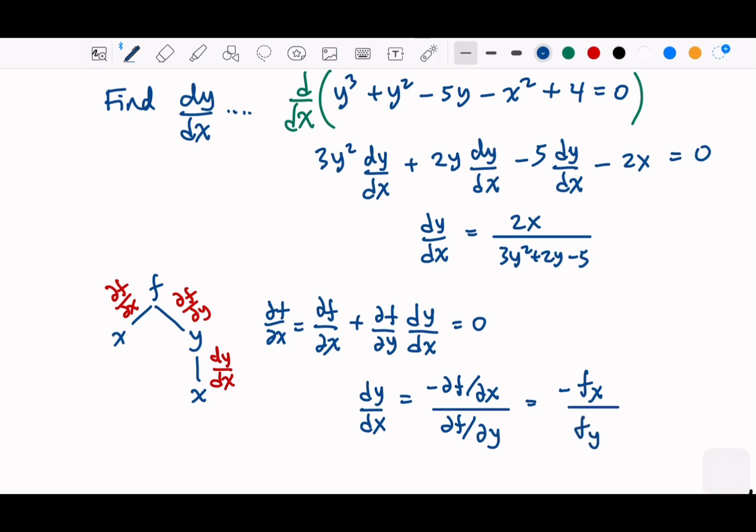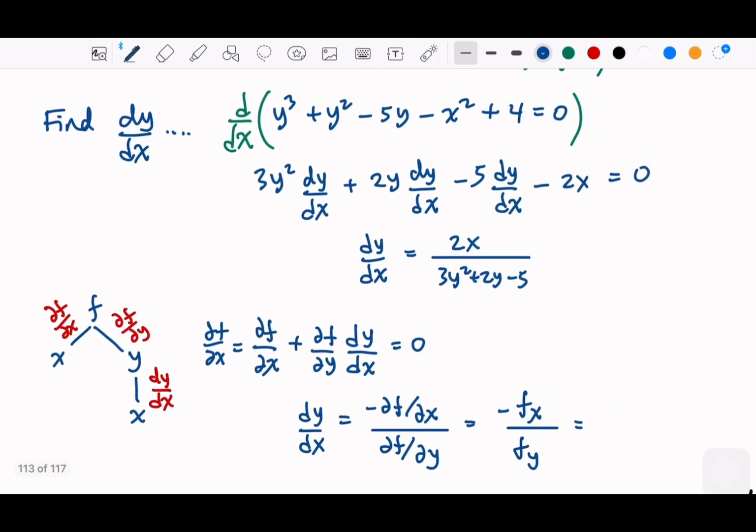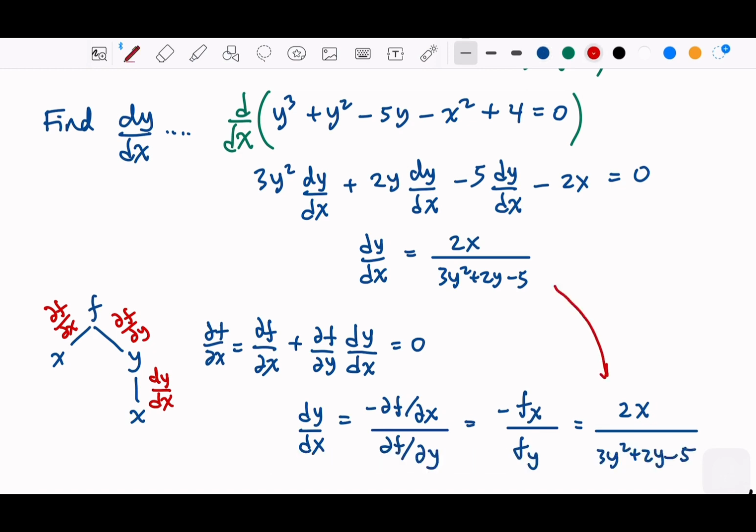If we take the partials, we get negative 2x multiplied with negative, so this 2x, right? And then partial y is 3y squared plus 2y minus 5, which is the same thing.